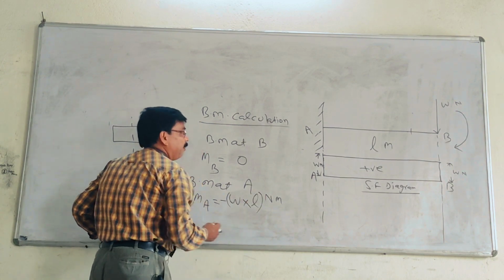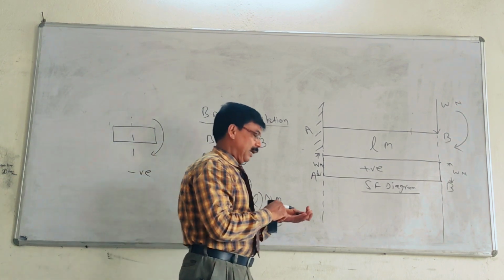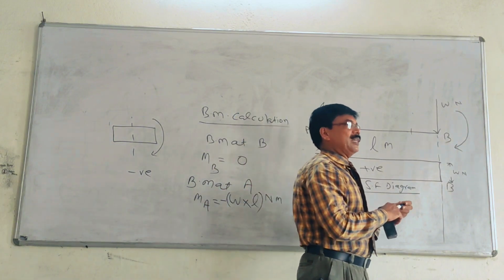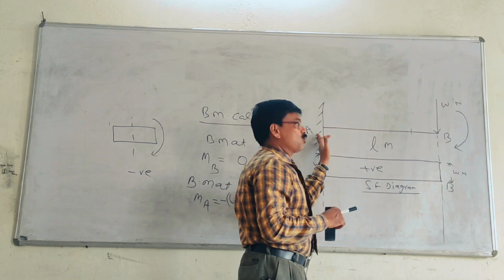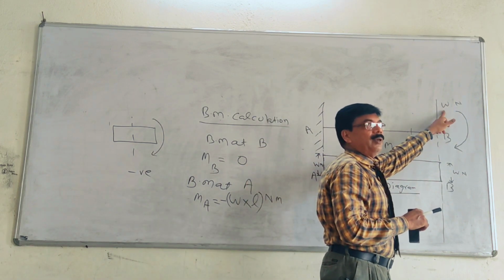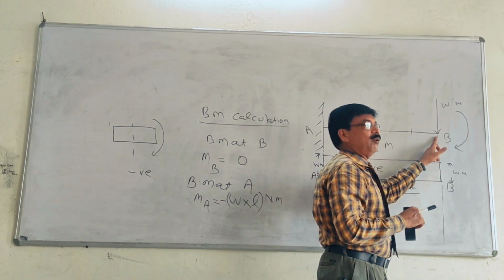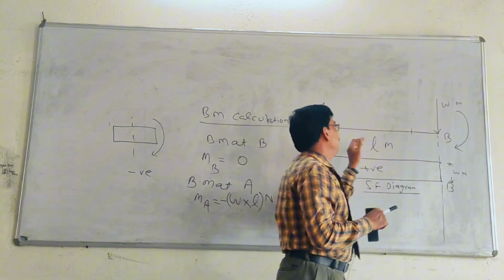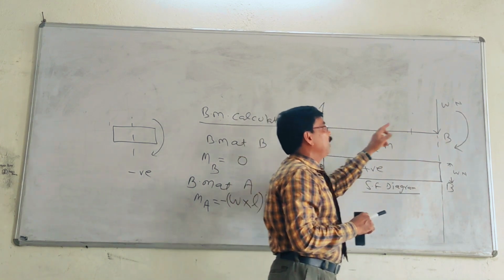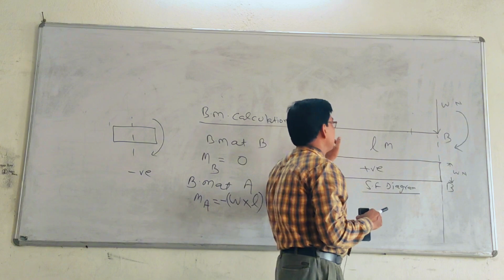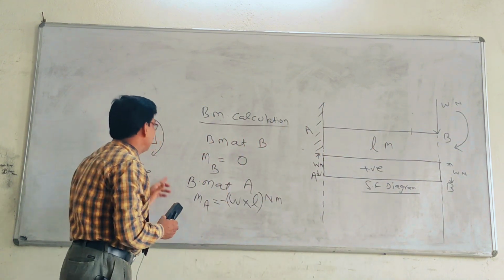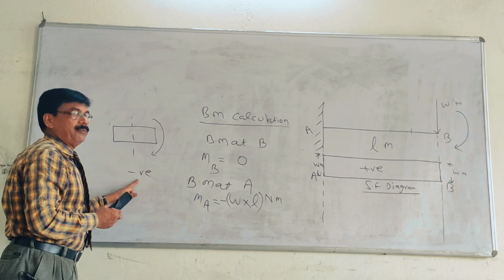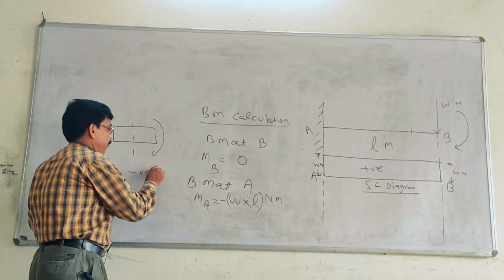Again repeating, we start bending moment calculation from the right, just like shear force. At B, the load is W Newton and there is no perpendicular distance, so the bending moment value is 0. At A, the load value is W Newton and the perpendicular distance is L meter, so the value will be W into L, and by sign convention it is a negative bending moment.